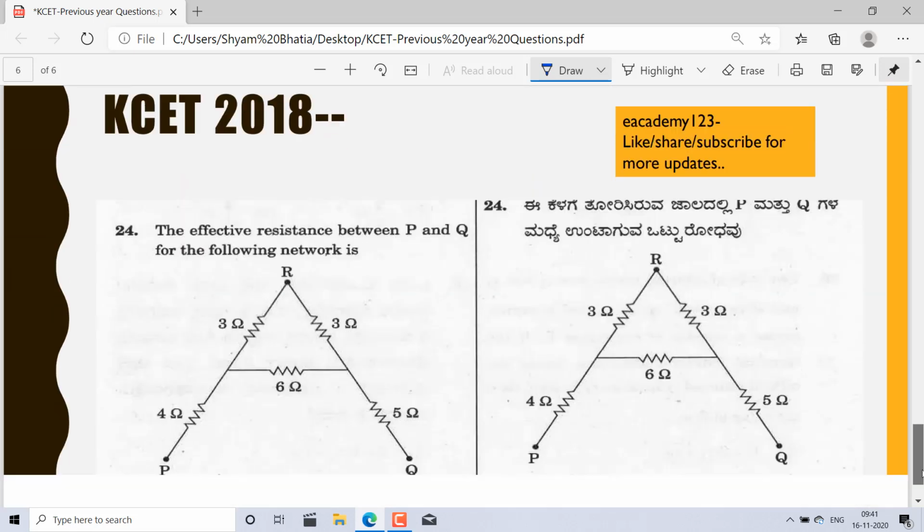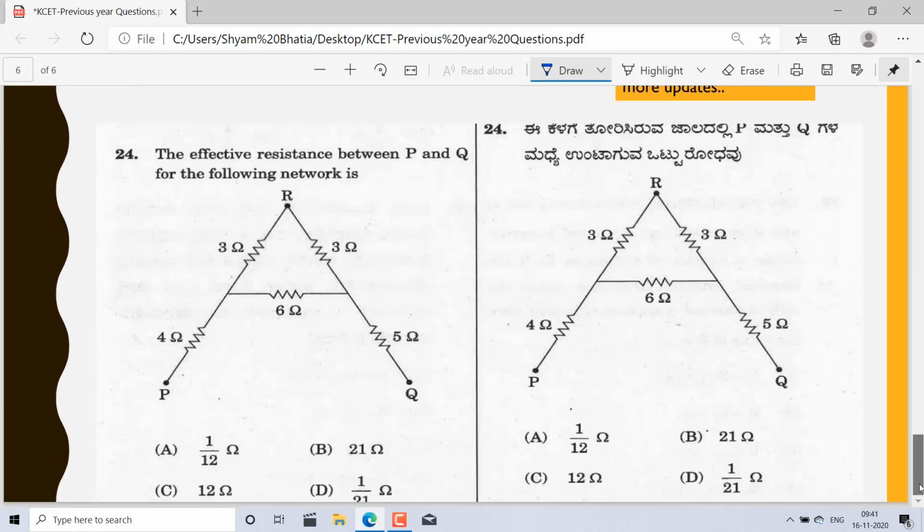And right now I am going to another one. It's not really a question, because it is just a simple question. Okay, how to do that? This 3 and this 3, 3 plus 3 in series. So 6 ohm is here, and 6 ohm parallel to 6 ohm.